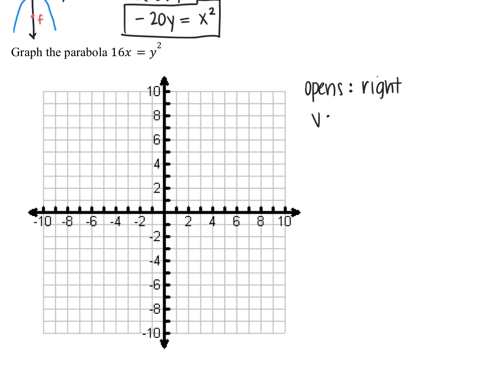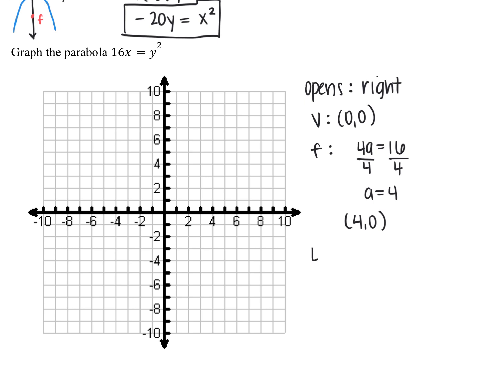Then I want to identify my vertex, which is at 0, 0. Now I want to find my focus. So first I need to find a. So 4a has to equal 16. So you divide by 4, and that tells us a is 4. And because it opens to the right, my focus is on the x-axis. So my focus is at the point 4, 0.